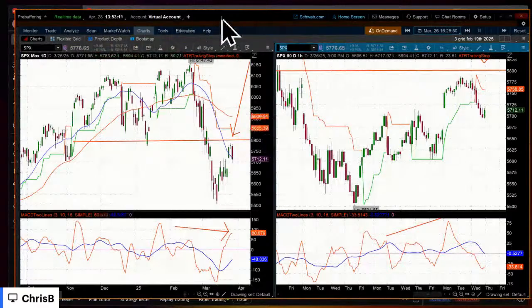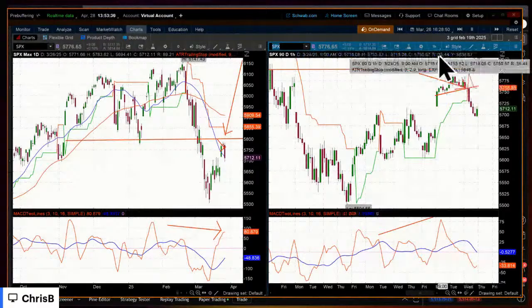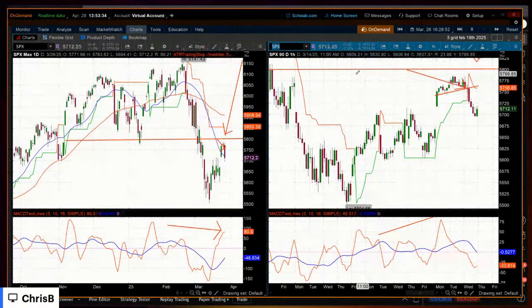The key in here, I can show you exactly here. You had the doji here, you were overbought, and then you had a rollover, and then you initiate when it broke the ATR trailing stop. Like here, I broke the ATR trailing stop. So that's where you can initiate a trade.